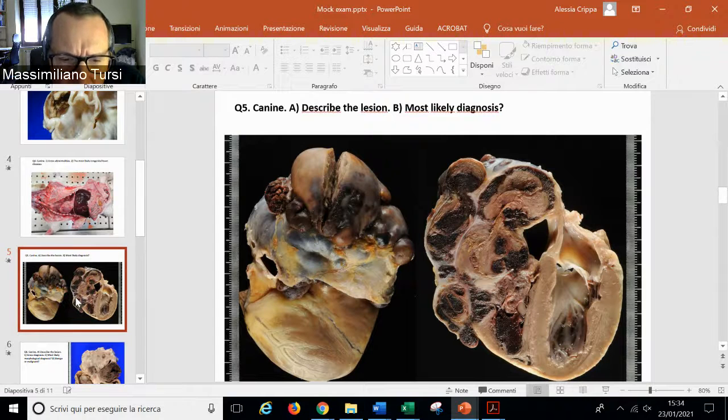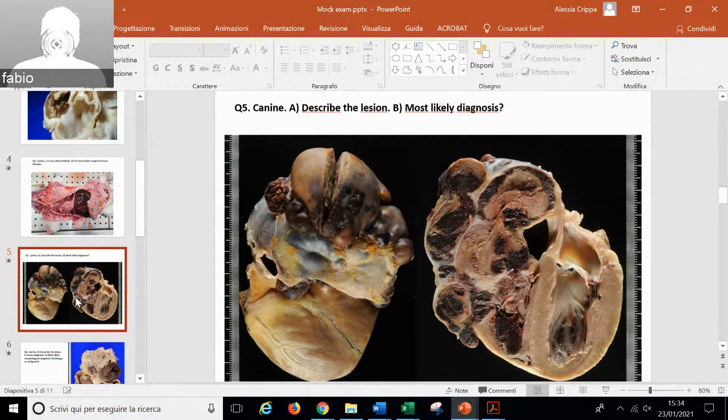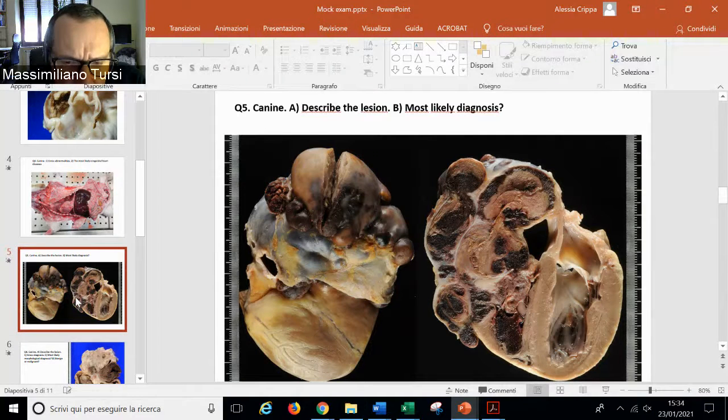To understand me, that's a real infiltrative process, and it is usually not a typical presentation of lymphoma, for example, because lymphoma usually is whitish, homogeneous, maybe with some reddish discoloration.